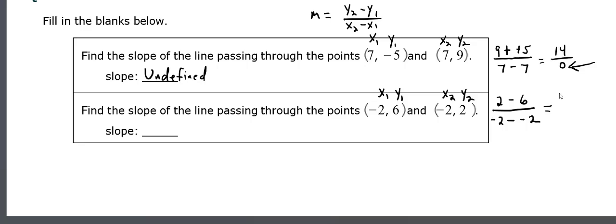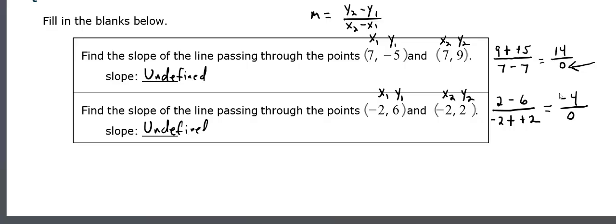In our numerator, we have 2 minus 6, which is negative 4. In our denominator, we have a double negative again, which changes to a positive. So we have negative 2 plus 2, which is 0 again. So in this case, our slope is also undefined.